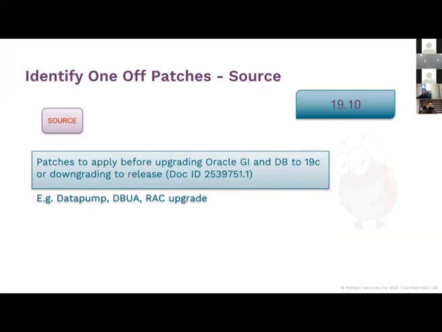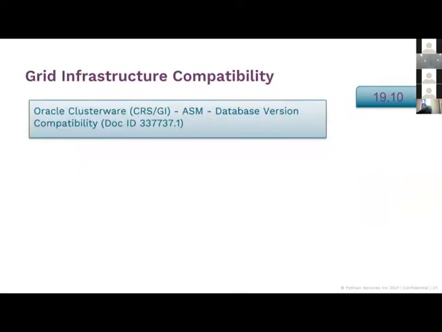So when you're preparing for it, always scan through the patches in this particular note, which will tell you, if you're going to this particular version, be aware of these problems that might hit, because you don't want your migration process to fail itself, right? This is important just to make sure that the process itself goes smoothly and you do land on your target.